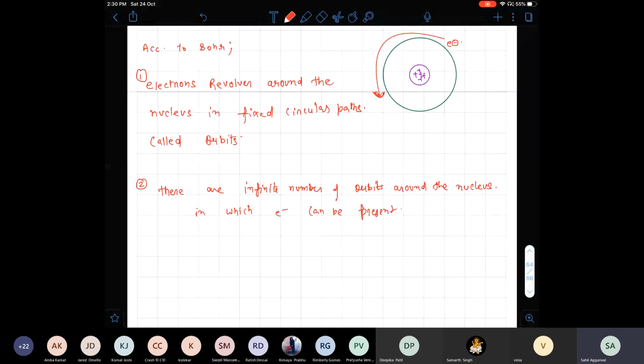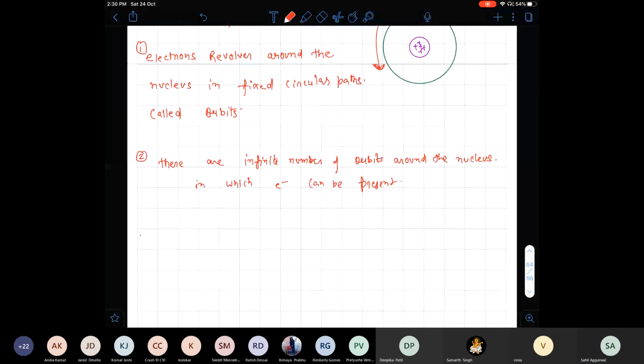They are designated by the principal quantum number, that is n.